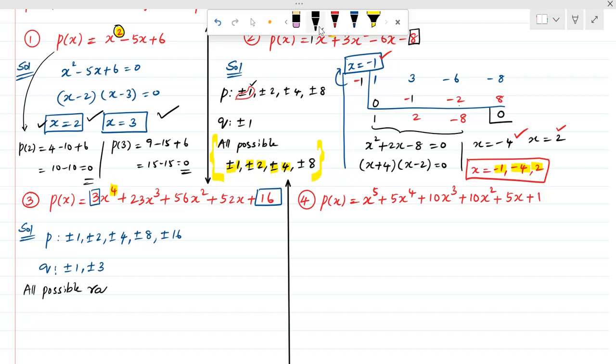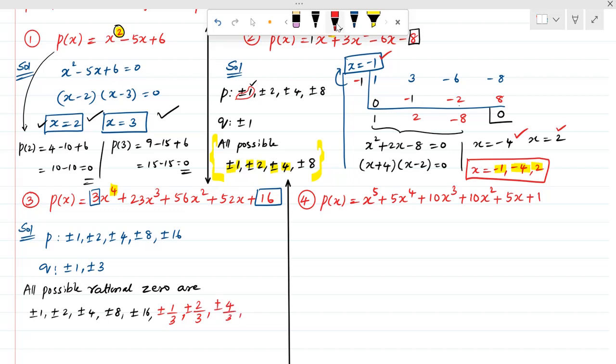All possible rational zeros are, write it first, all the p values 2, 4, 8 and 16. Now I have to divide these. 1 over 1 is there, 1 over 3 is not there, I have to add that one. 2 over 1 is there, 2 over 3 is not there. 4 over 1 is there, 4 over 3 is missing.